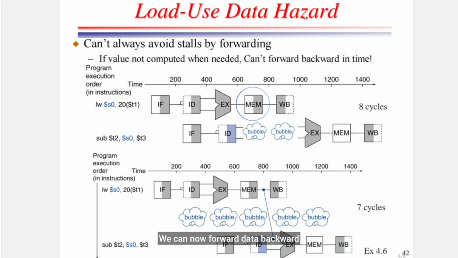We cannot forward data backward in time. Therefore, even with forwarding, we are forced to insert a bubble of one cycle. This reduces our performance as shown in the timing diagram. The setup will take more cycles to complete due to these bubbles.